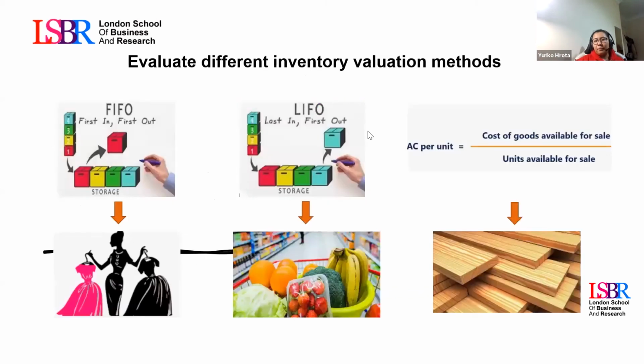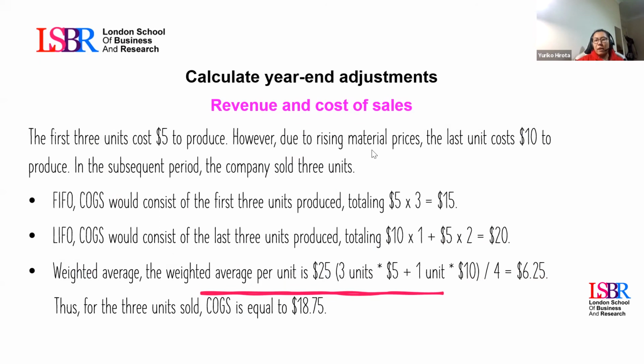So as we can see, we have different costs depending on the valuation method that we are using. This is the amount of the adjustment that we need to make in the cost of sales. And also, depending on the amount of the cost of sales, we will have the profit, because if we got a revenue of 20 pounds, we need to decrease 15, 20, or 18.